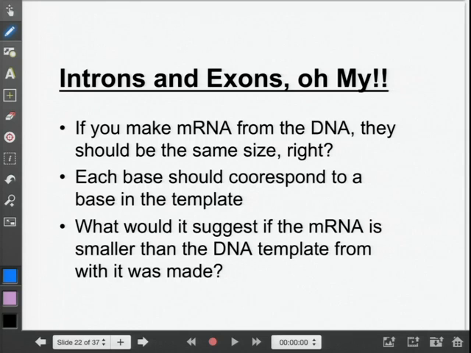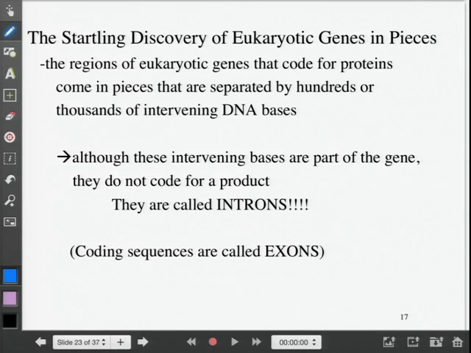In eukaryotes, it's not true. First of all, we're stuck in the nucleus. We have to get out of the nucleus before we can do translation. And second of all, we have junk DNA, which really isn't junk, but that's what they used to call it, within our RNA that we don't want to send to the cytoplasm for translation. We have non-coding sequences.